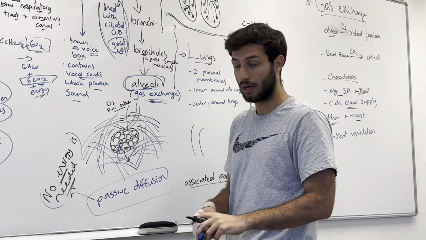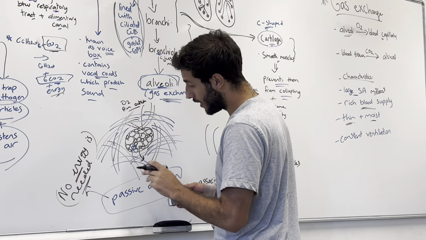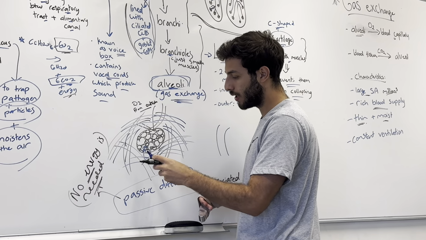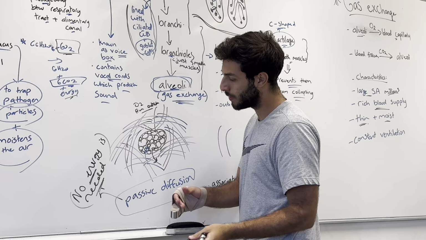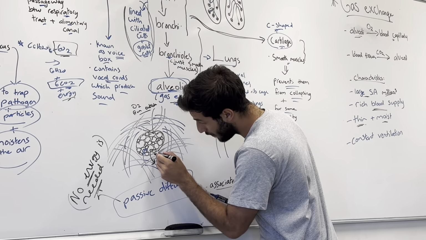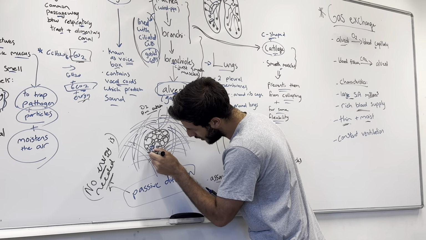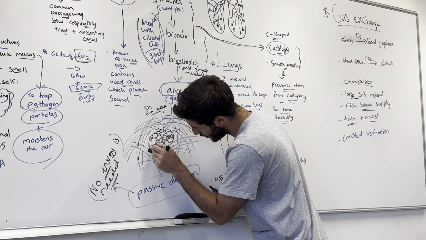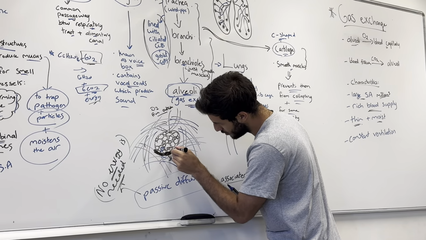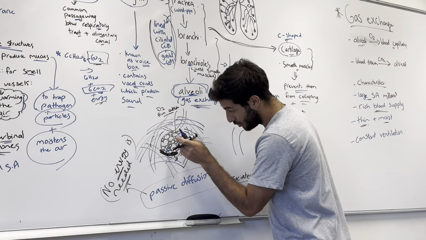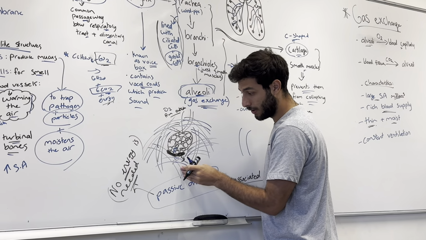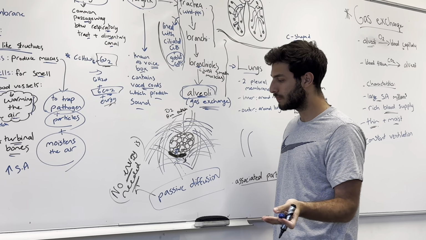Why is it important to have a thin membrane? If I want the exchange to occur between the alveoli and the blood capillaries, and vice versa, between the blood capillaries and the alveoli, now, if they have a thick cell membrane, for oxygen to cross from the alveoli into the blood capillaries is going to take more time.